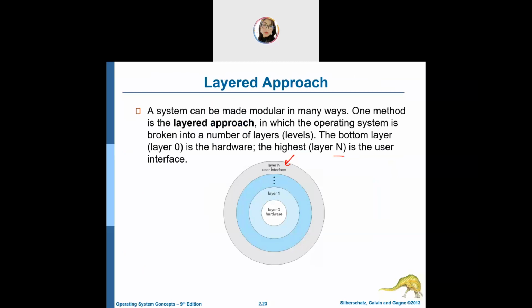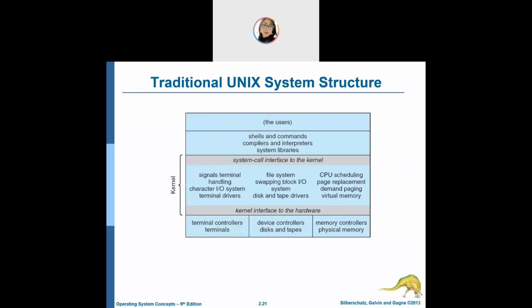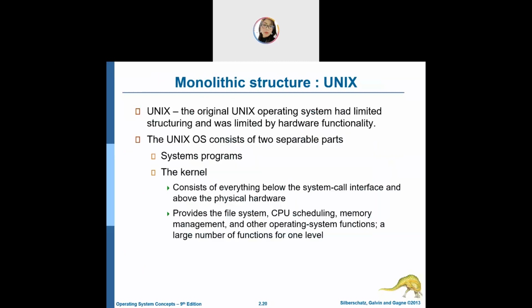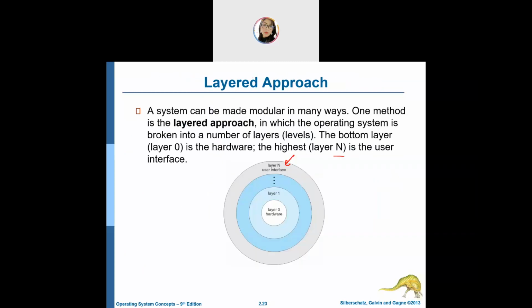The second one after monolithic structure is the layer approach. One method to make the system modular in many ways is the layer approach, in which the operating system is broken into a number of layers.